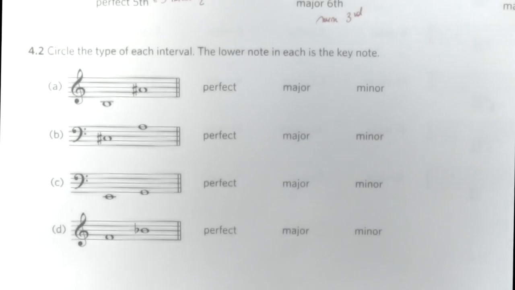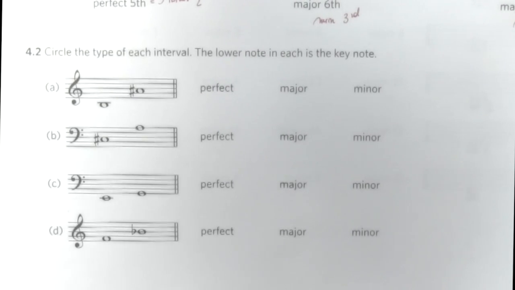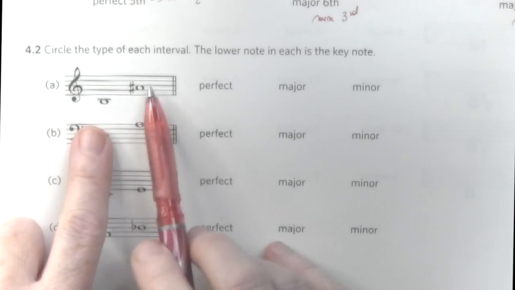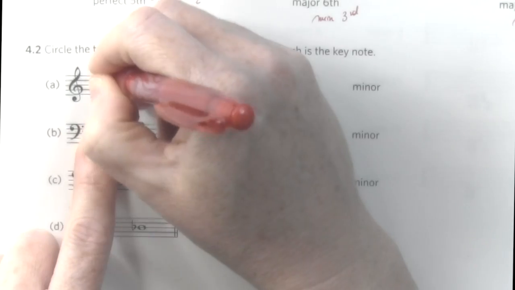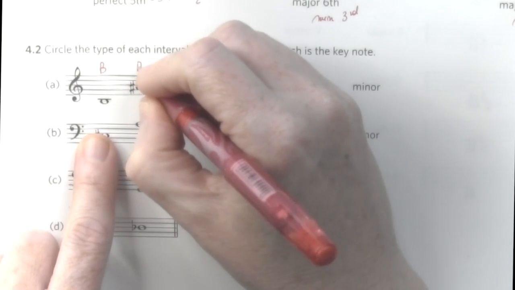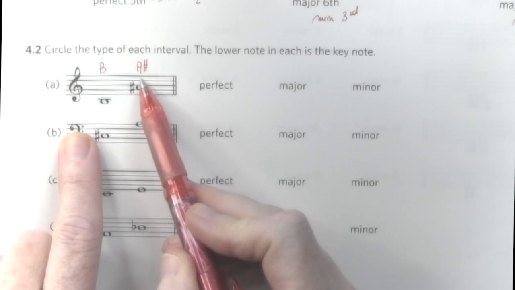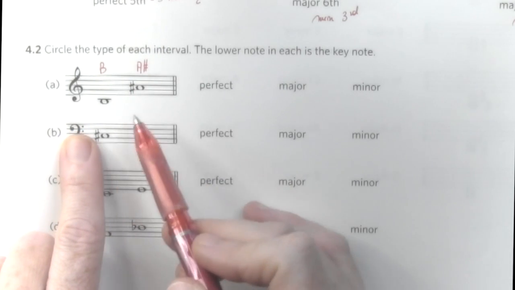Question 2. We need to circle the type of interval. To circle that, I'm afraid we have to calculate the whole thing. So let's have a look. B, La sharp. Now let's flip it. This is a 7th, okay? So the 7th could be major or minor, augmented, diminished.